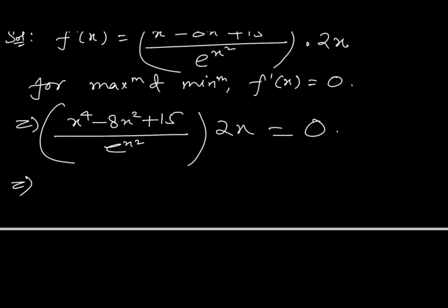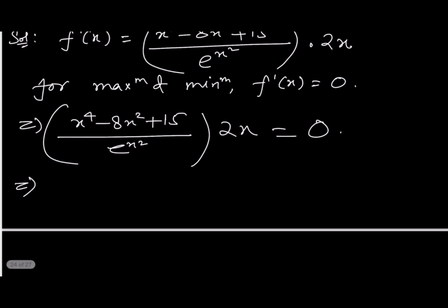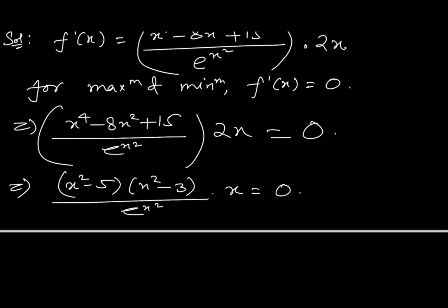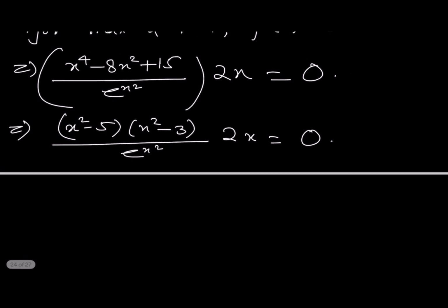So the bracket will become (x square minus 5) into (x square minus 3) upon e to the power x square, into 2x, is equal to 0. Now 2 can't be 0, okay?